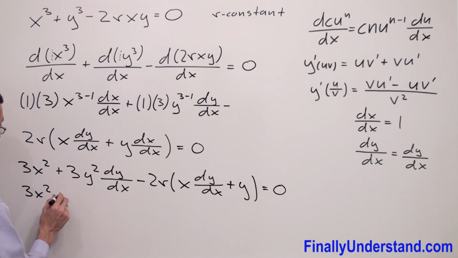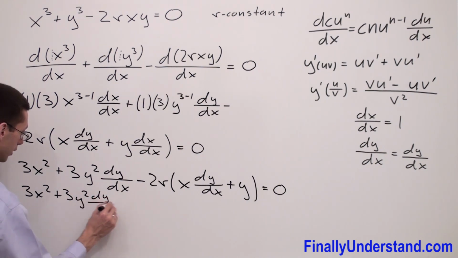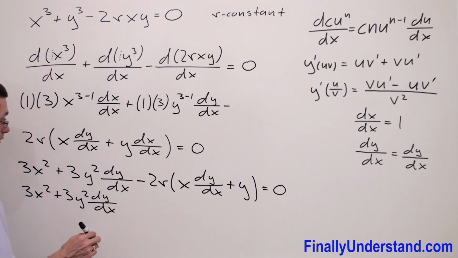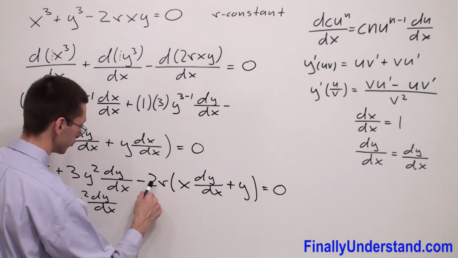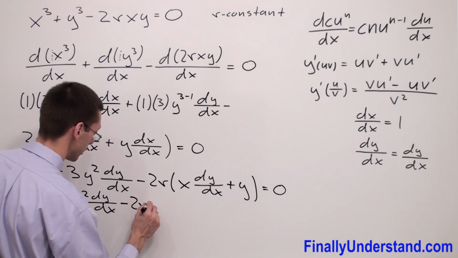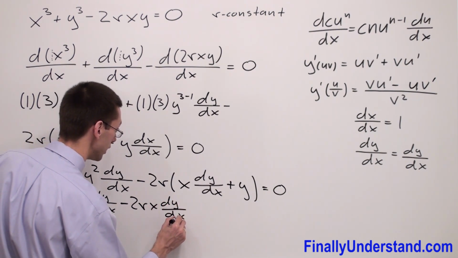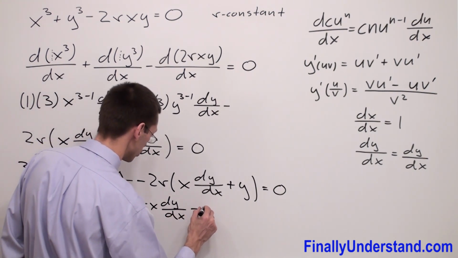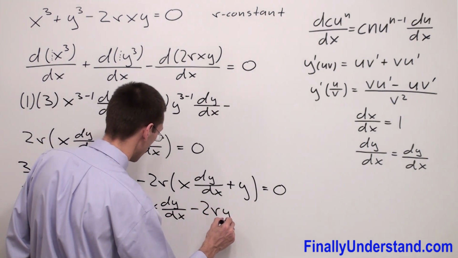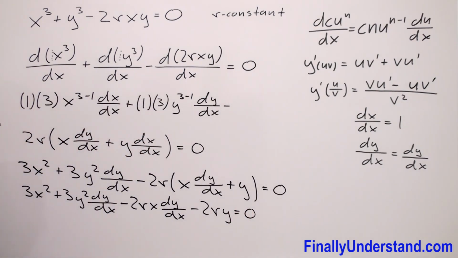So we have 3x squared plus 3y squared dy over dx. Next, I have to distribute negative 2r to the parentheses. So I'm going to have negative 2rx dy over dx, minus 2ry, and this is equal to 0. Please notice that we can factorize dy over dx.